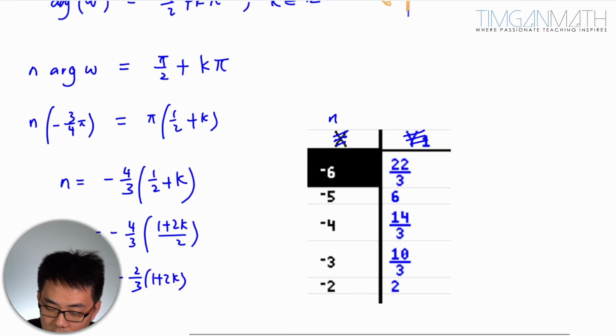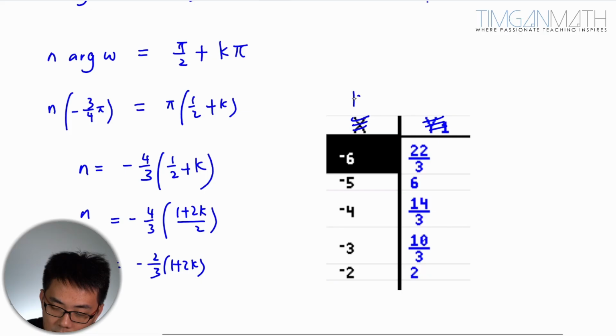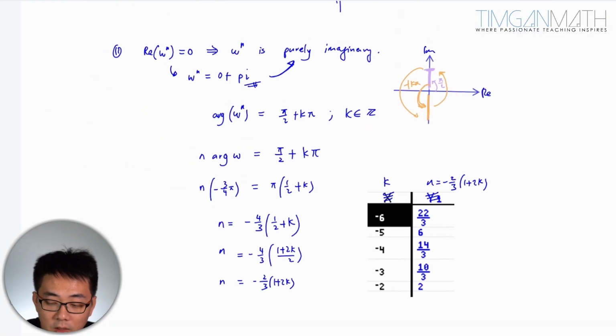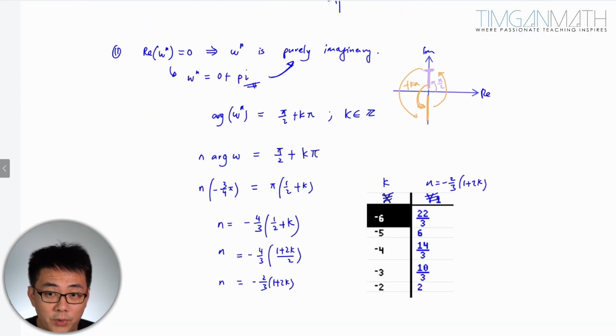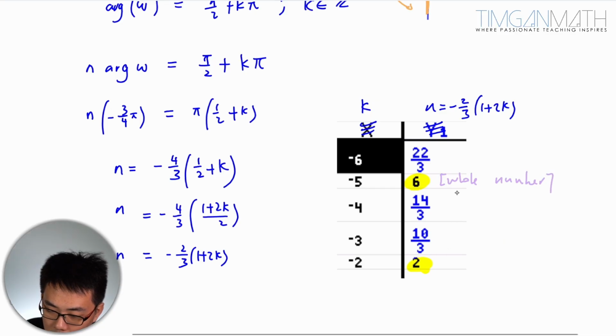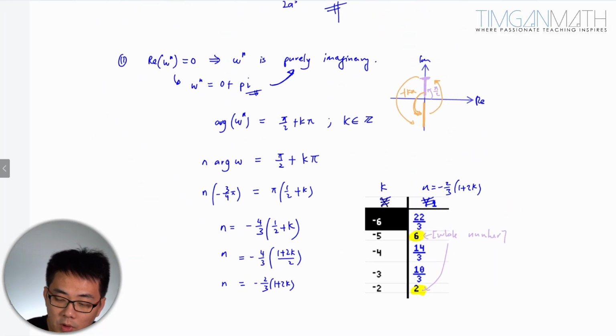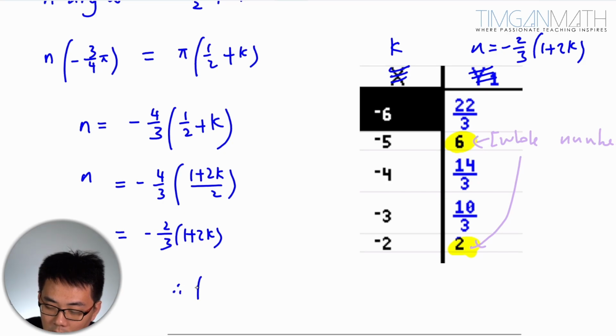And this over here is your k. Now all these n values here will render the complex number w^n to be purely imaginary. But there are only two which are whole numbers, here and here.